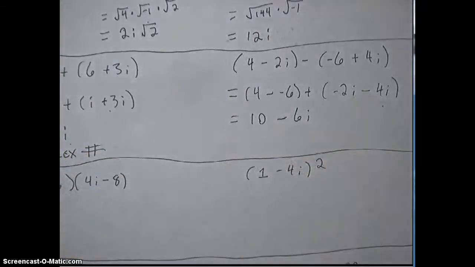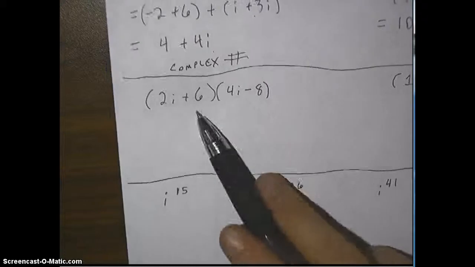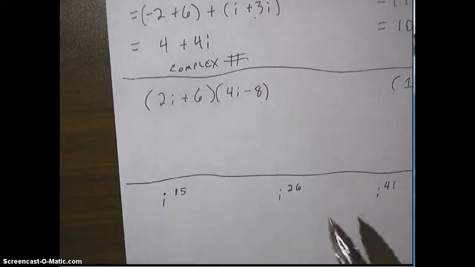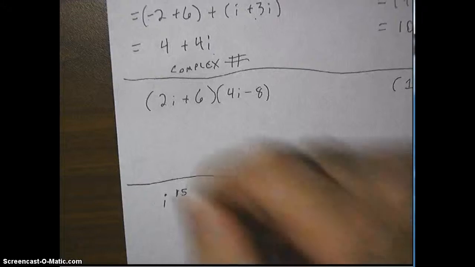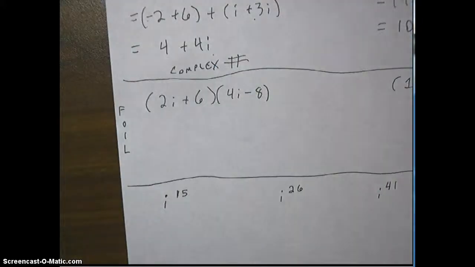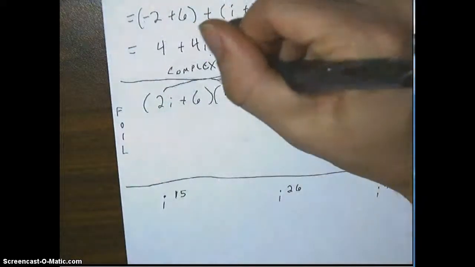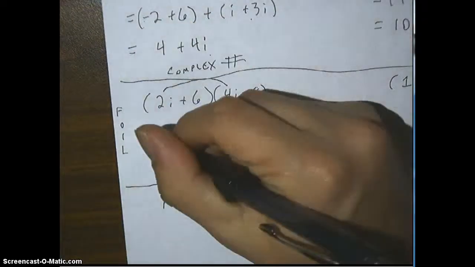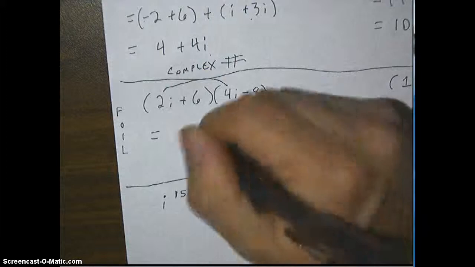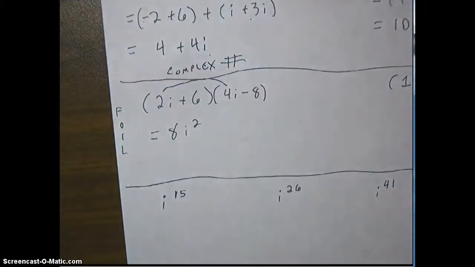So the next thing we ought to talk about is multiplication of complex numbers. So this complex number times this complex number. And here we're going to do something called foiling. FOIL stands for first, outers, inners, last. That's the way we're going to multiply. So I'm going to do 2i times 4i, which is 2 times 4 is 8i squared.